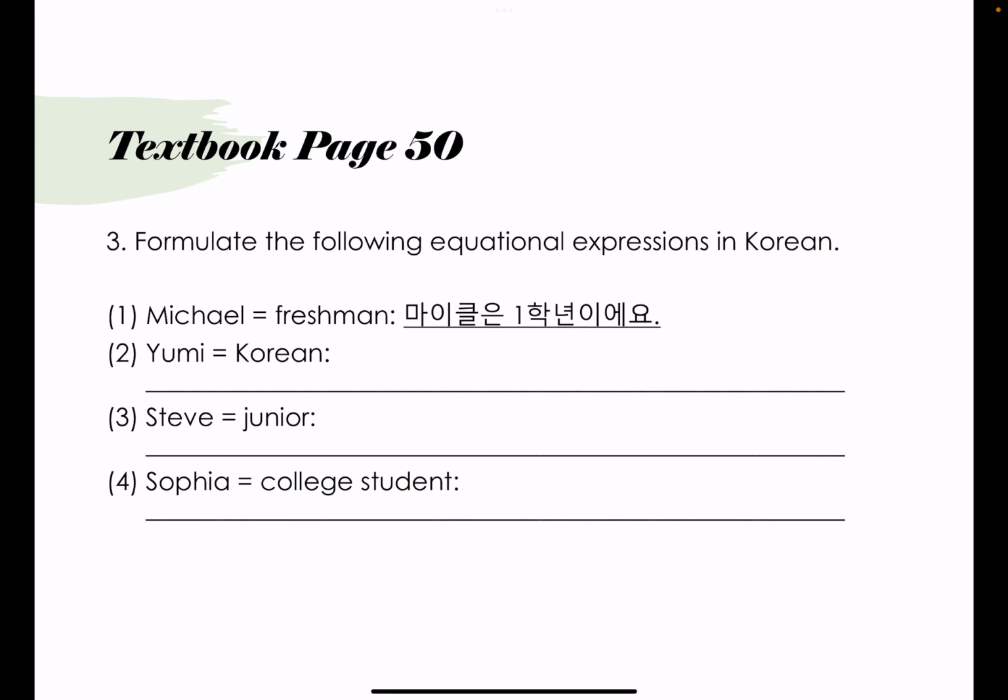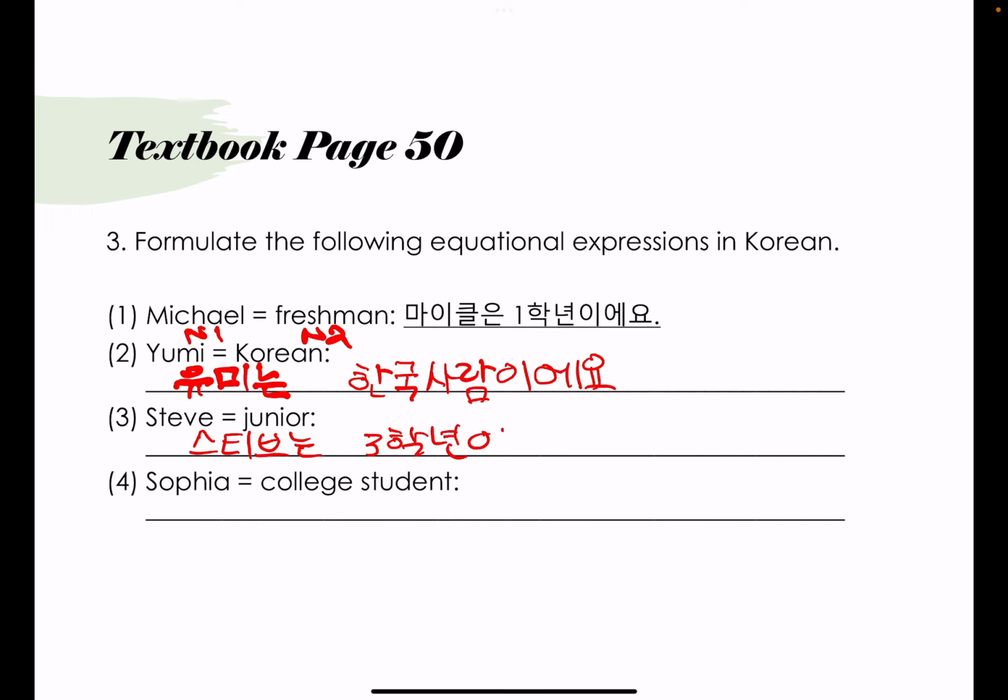And then let's try it, practice. Noun 1 is going to be Yumi. Noun 2 is going to be Korean. So Yumi는 한국 사람이에요. And then 스티브는 3학년이에요. 소피아는 대학생이에요.